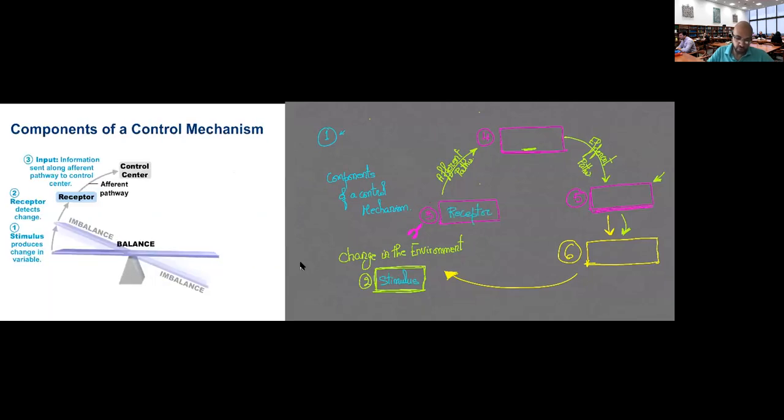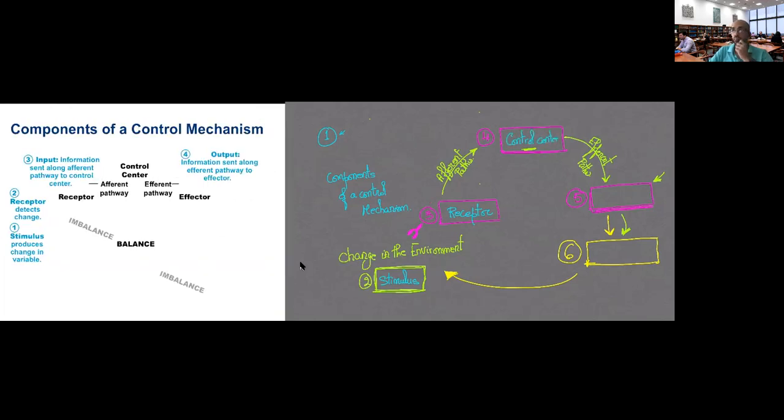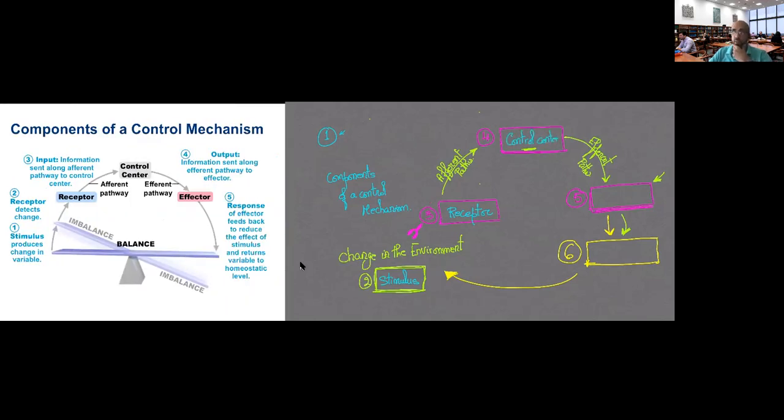And the receptors will be sending through the afferent pathway to what organs? Control center. So what are the 2 organ systems that act as control centers? Can you remind me? What 2 organ systems will act as control centers? Nervous and endocrine systems, exactly.